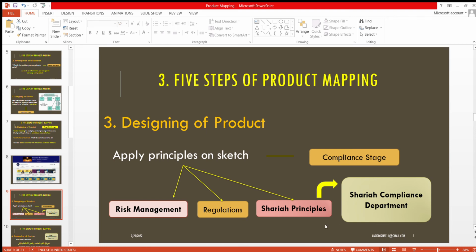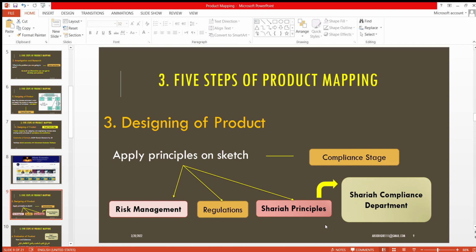The risk management department will analyze the design of the product with respect to potential risks, like business risk, market risk, credit risk, etc., and Sharia non-compliance risk, which is an additional risk in Islamic banking.